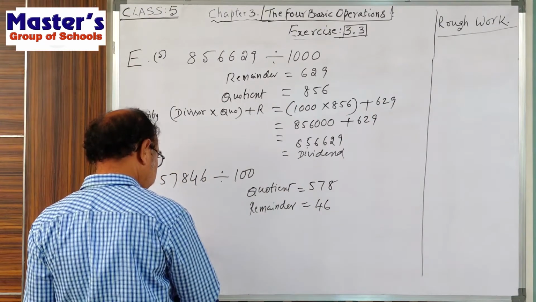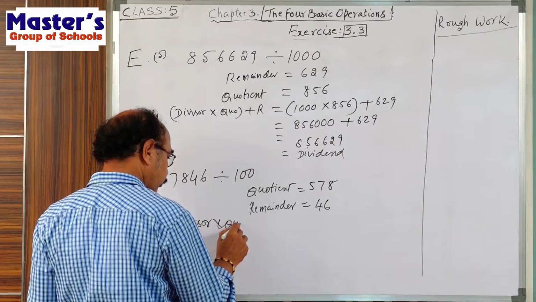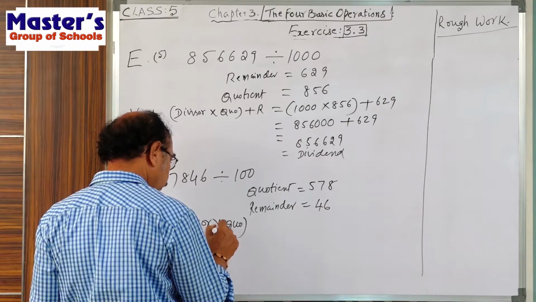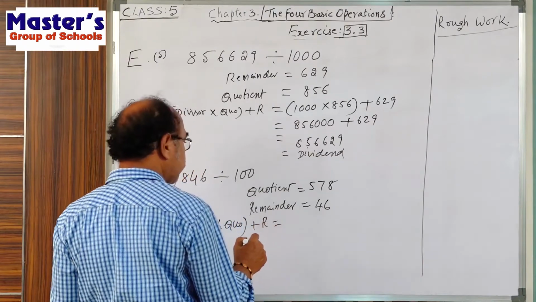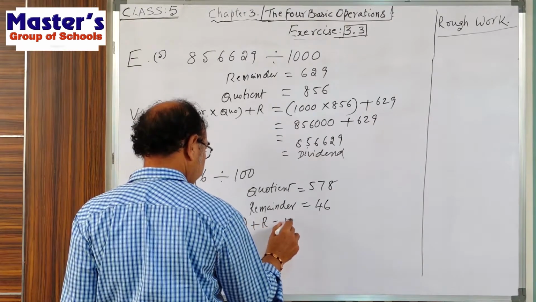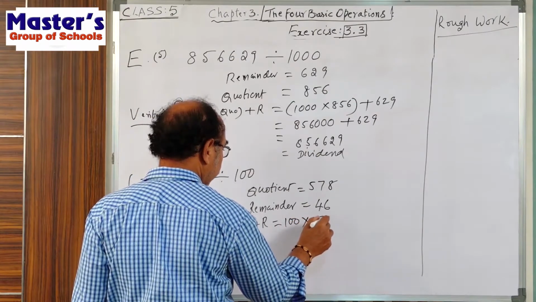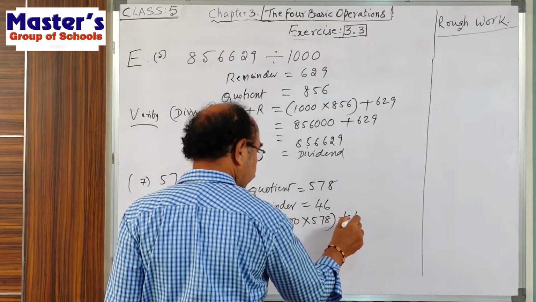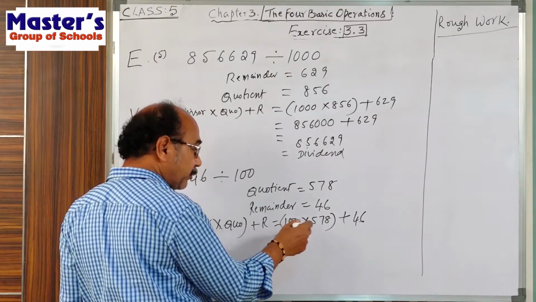So divisor into quotient plus remainder. What is the divisor? 100. What is the quotient? 578. What is the remainder? 46. Okay, children, now multiply. Multiplying with 100 is easy, no?